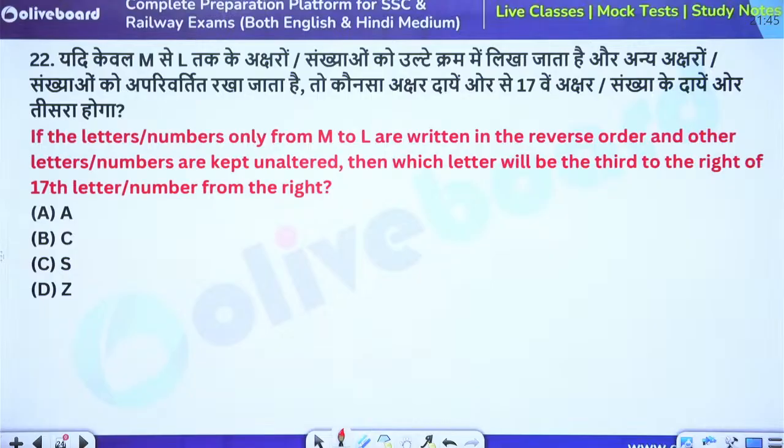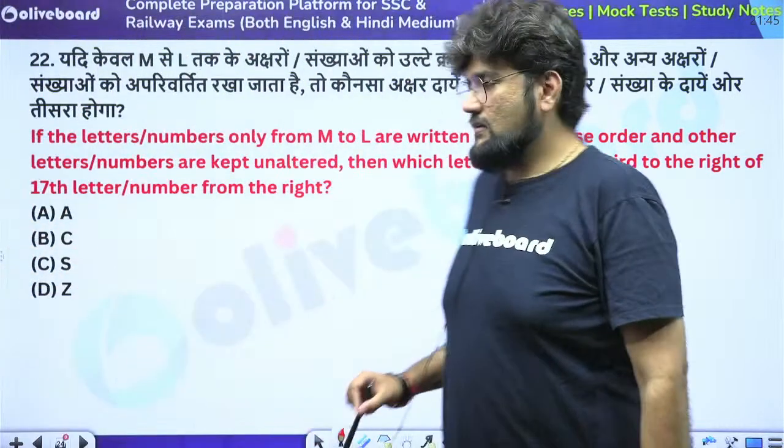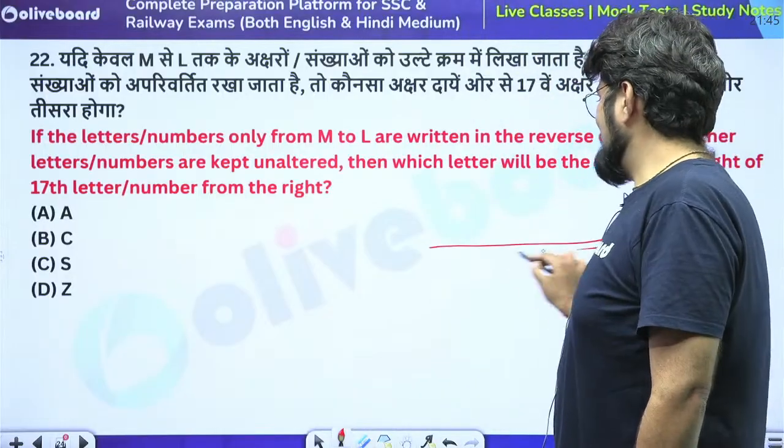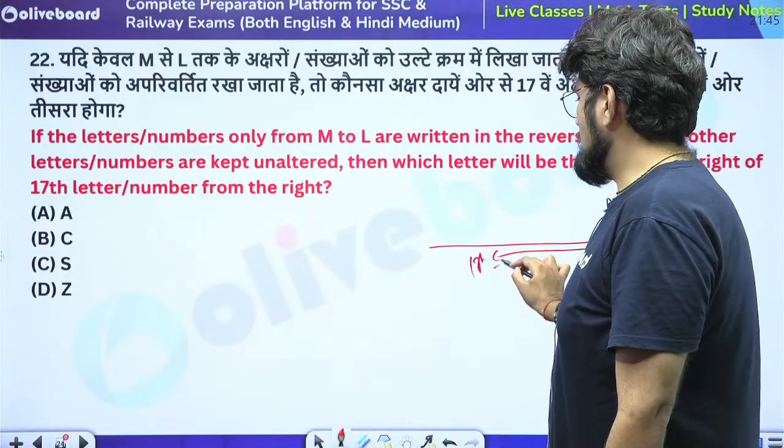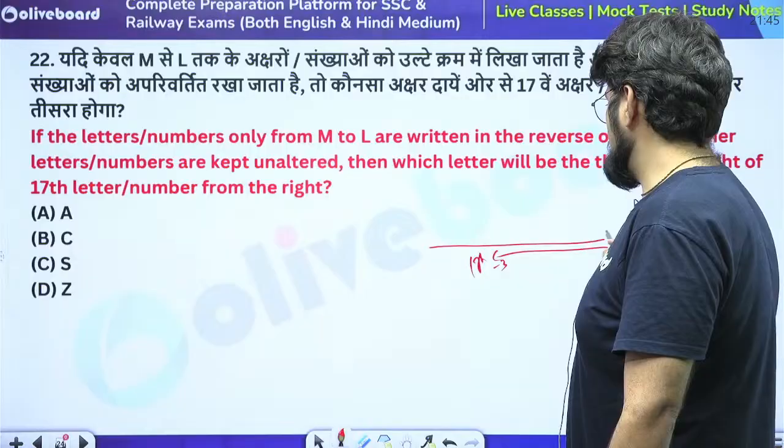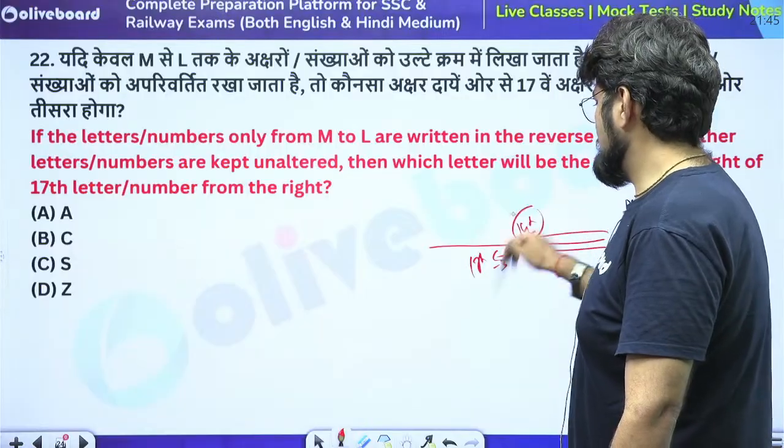If the letters or numbers only from M to L are written in the reverse order and other letters are kept unaltered, then which letter will be third to the right of 17th from the right? Again, same concept. 17th from the right and third to its right, this side. That means 14th from the right.